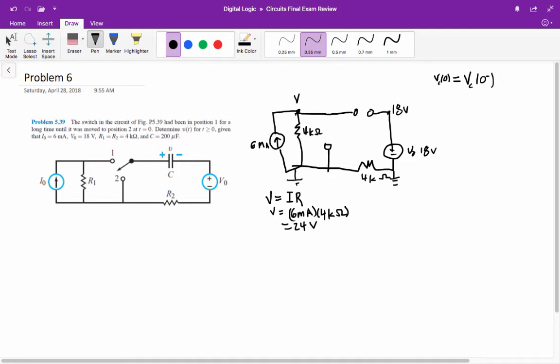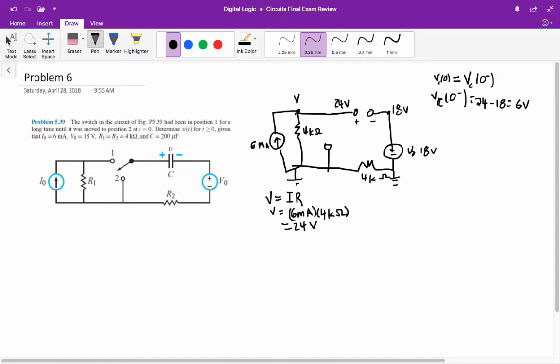So this side of the capacitor is at 24 volts. So Vc of 0 minus is the difference between 24 and 18, so 24 minus 18 equals 6 volts. So that's Vc of 0 minus.